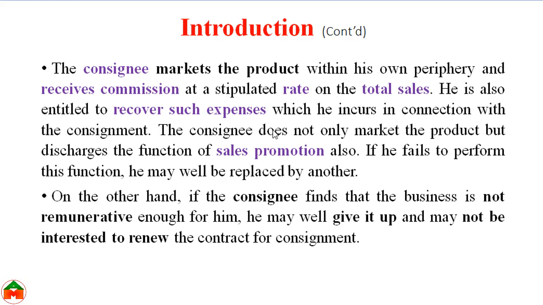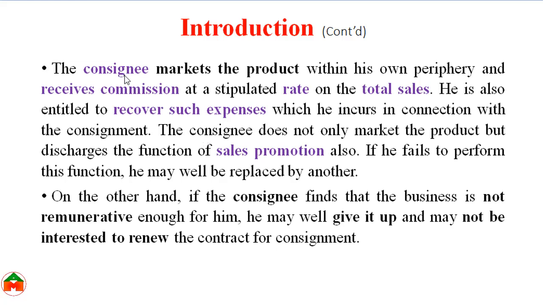In the consignment process, the consignee will be responsible for selling the product. If the consignee fails to perform this function, he may be replaced by another. As well, if the consignee thinks that the product is not so marketable, then the consignee can give it up and he or she may not be interested to renew the contract for consignment.